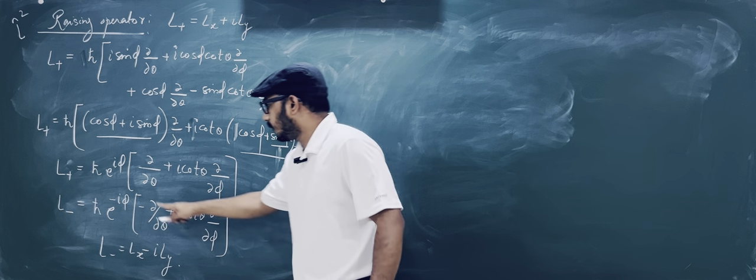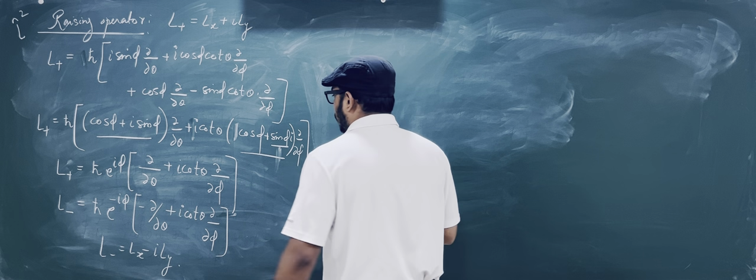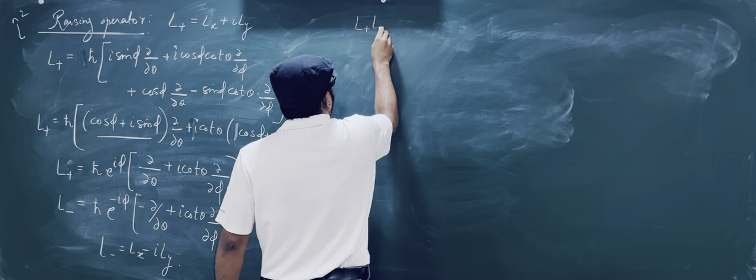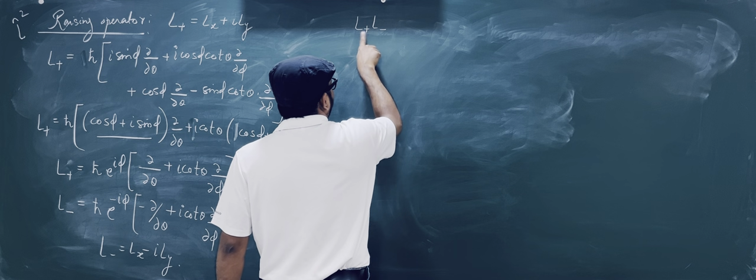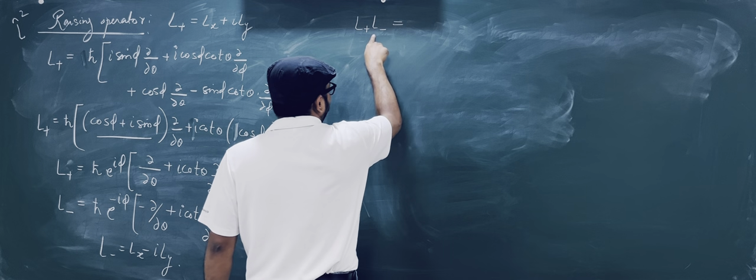Now we are going to use these two terms. So what we are going to do is now L plus L minus. So we are trying to get L plus L minus. Let's see what we get for this.